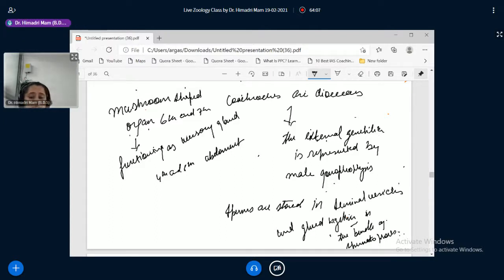Right. Then the female reproductive system lies between the second and the sixth abdominal segment. कौन से segment में होता है?